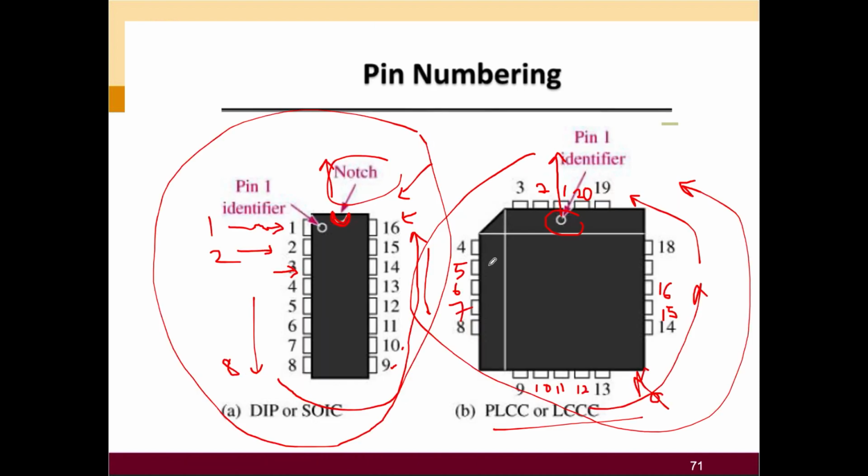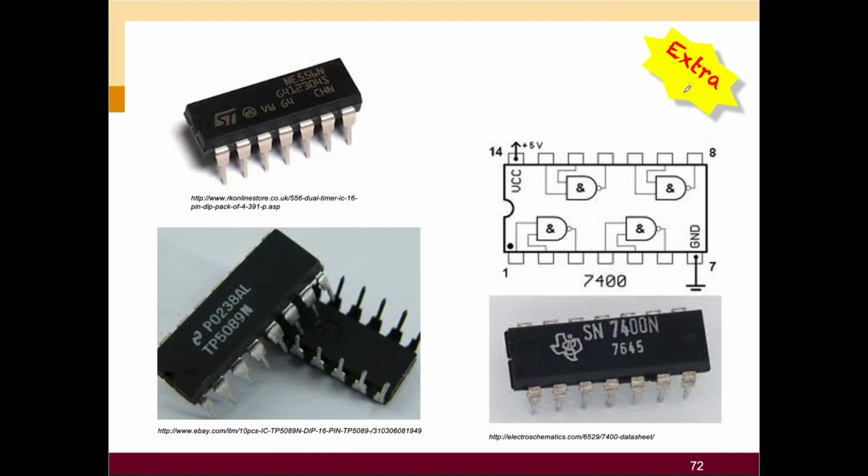So this is the pin numbering and identification, how you're going to justify your numbering. This is just an example of extra knowledge, how you're going to calculate it and identify.